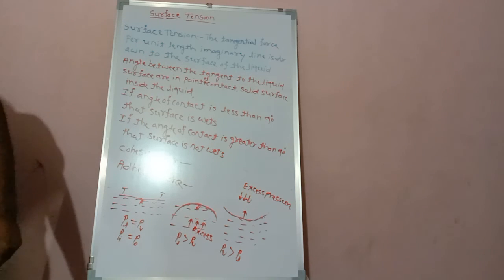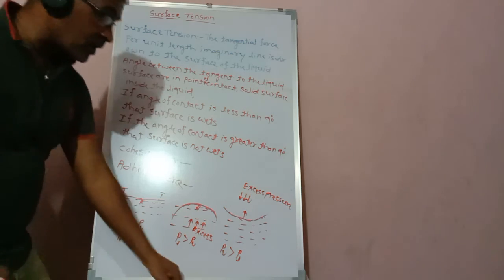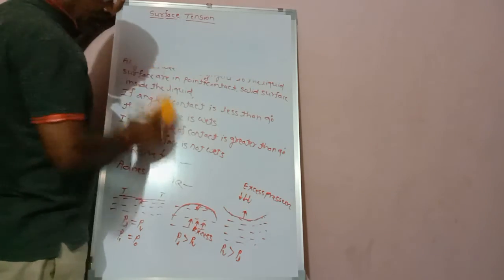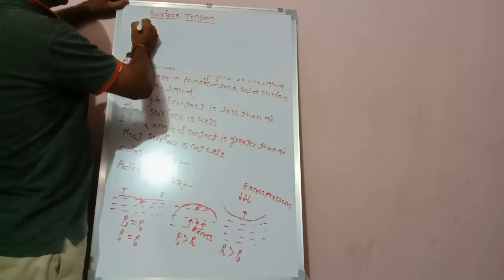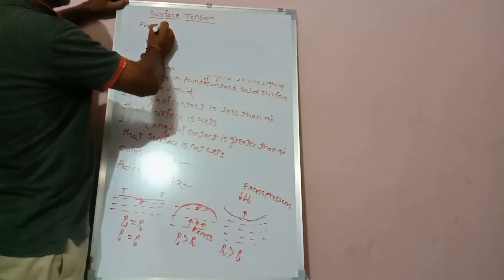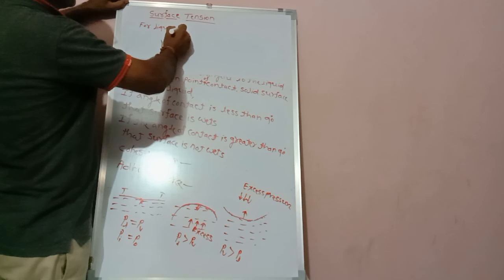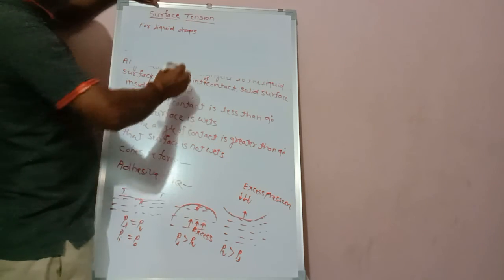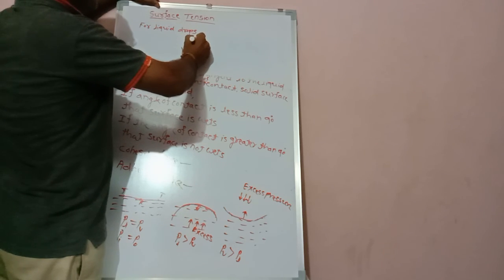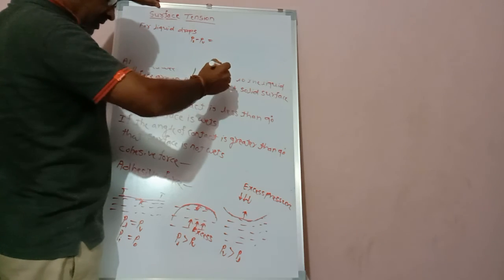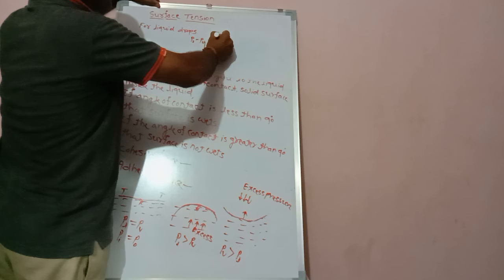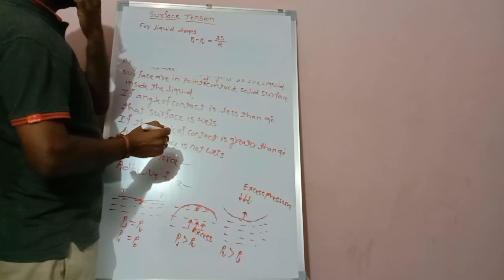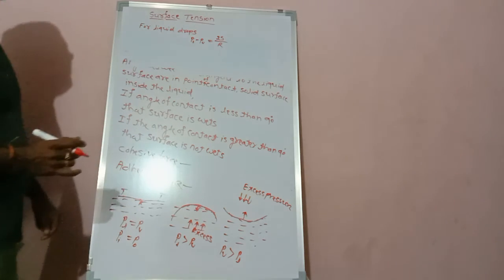On the basis of that, for liquid drops, PL minus PV is equal to 2S divided by R, where R is the radius and S is the surface tension of that liquid drop.